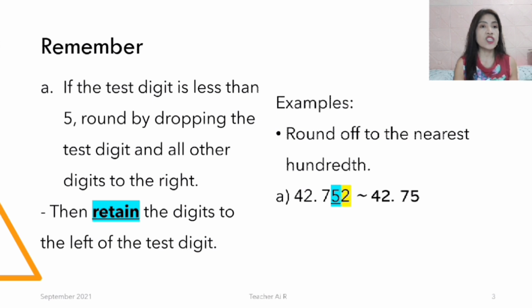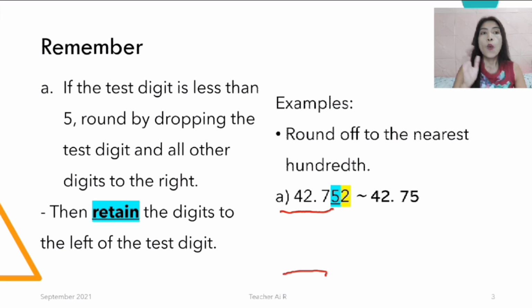Since there's no other number to the right of 2, only 2 will be dropped off. And then after that, you have to retain the number to be rounded off, which is 5, and the other numbers to the left of it, which are 42 and 7. So when you are asked to round off, 42.752 would be 42.75.